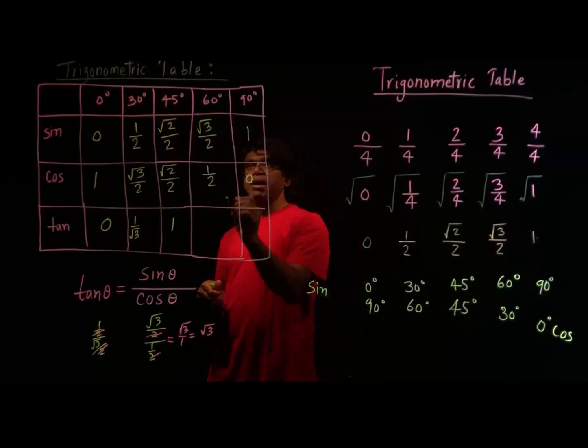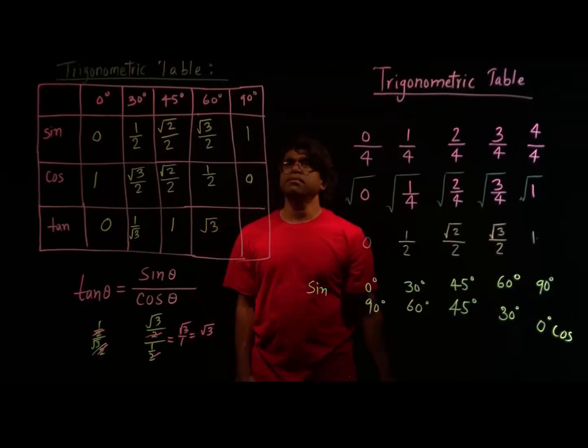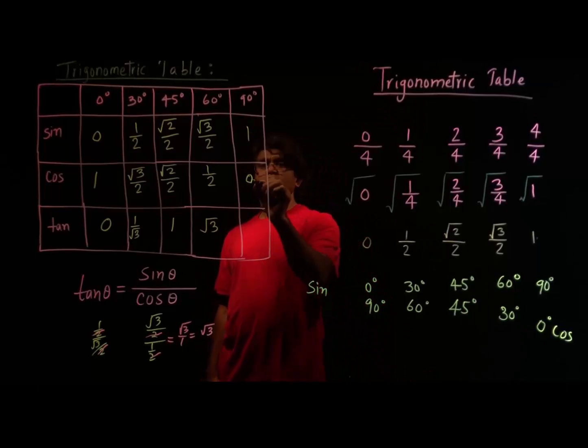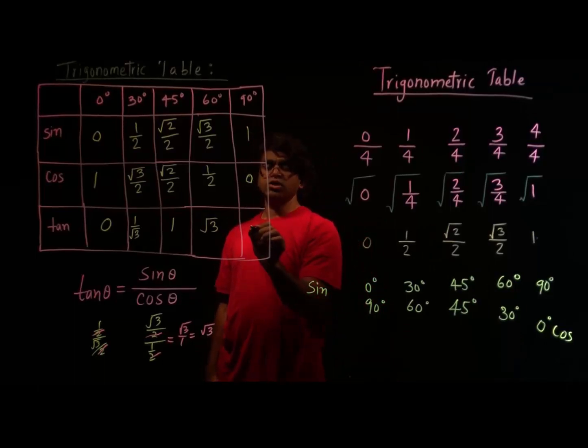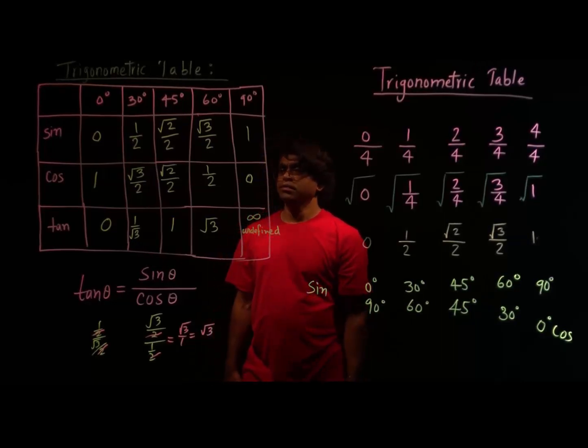So I can write my tangent 60 as root 3. And then my tangent 90 is 1 over 0. And we know that 1 over 0 is infinity, or some people call it undefined.